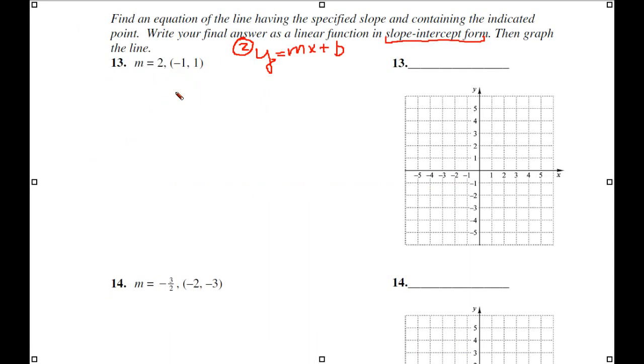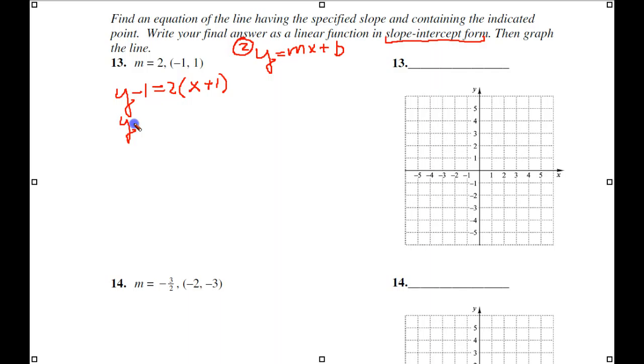Okay, so for this one, this is the same way as I did the first one. I overdid the first one, but this is what they want now. They want you to take this single point and using this slope, find an equation that's in slope-intercept form, right there. So it'll be y minus 1 equals 2 times x. Now minus a minus makes this a plus 1.